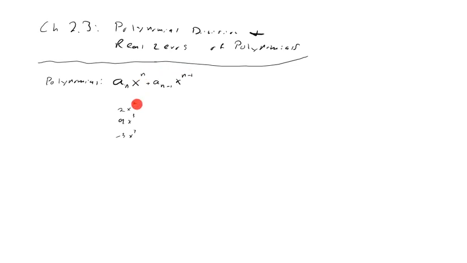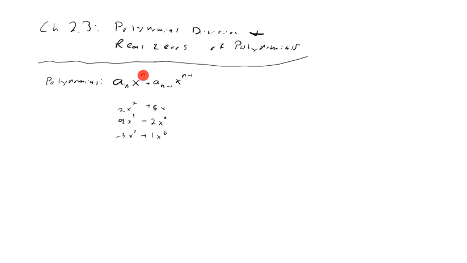If this was a 2, my next one would be 1. Plus 5x, or this would be minus 2x squared. I start with the biggest and I go down by 1. Plus 1x to the 6th power. I just go down by 1.